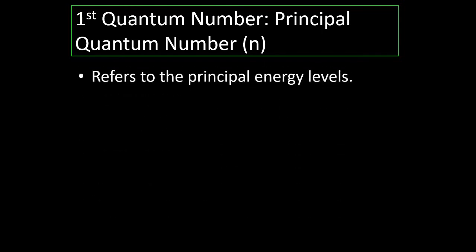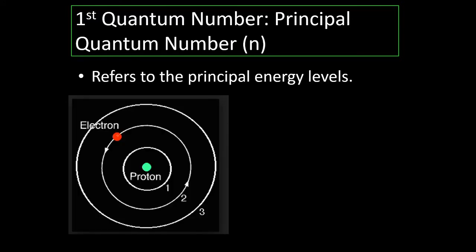So, this refers to the principal energy level. If you have this one, unsa may pinaka-outer energy level niya? This one is an energy level. This one is an energy level. This one is an energy level.